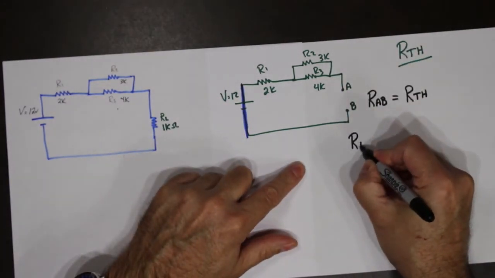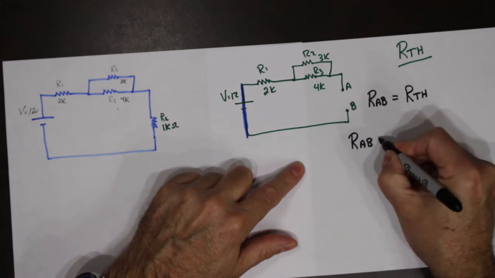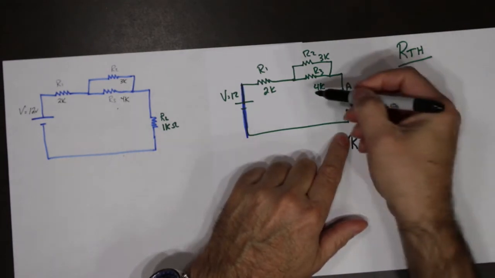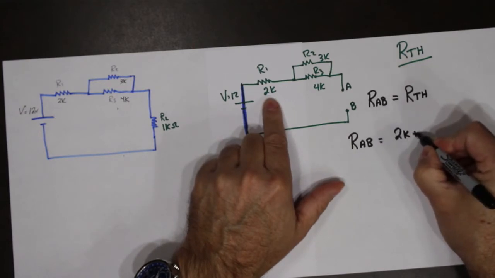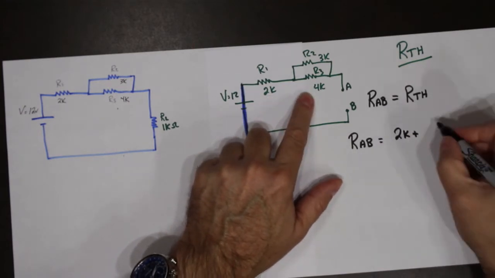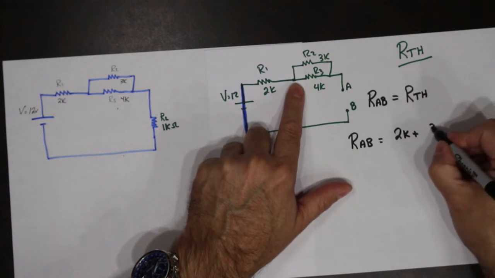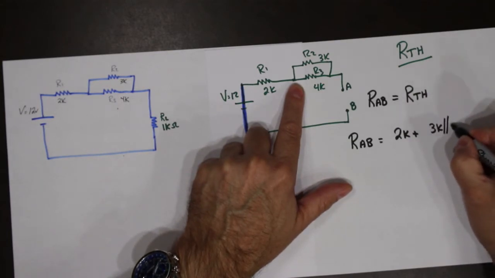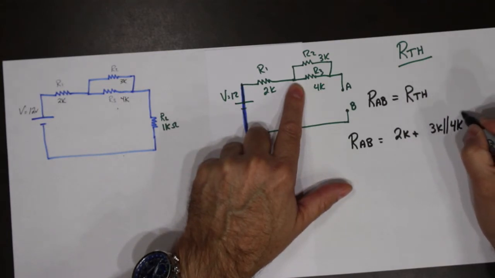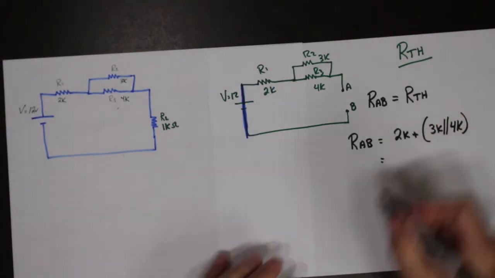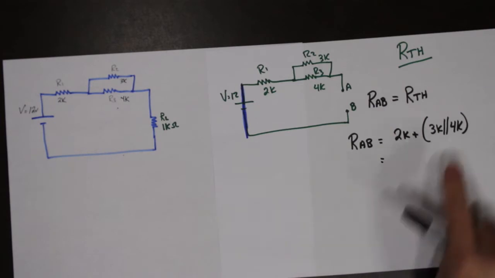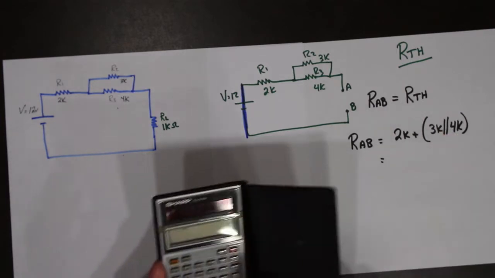So RAB is equal to, we have 2K plus, and then we have 3K in parallel with 4K. So 3K in parallel with 4K.